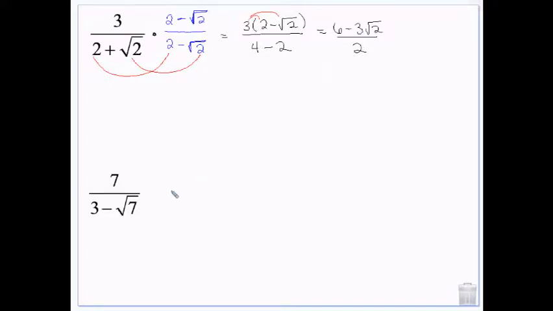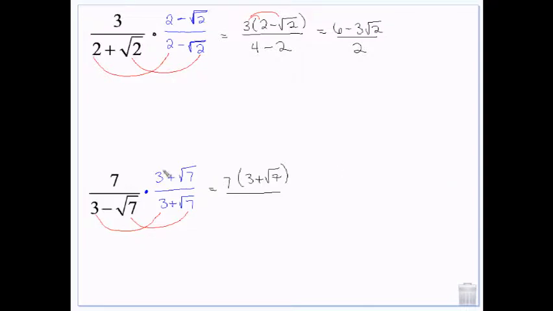Okay, so my conjugate on the bottom here: the one on the top, the 3 on the bottom, so 3 plus root 7. So that gives me 7 times 3 plus the square root of 7. And then remember, because I'm using conjugates, I can just do first and last.